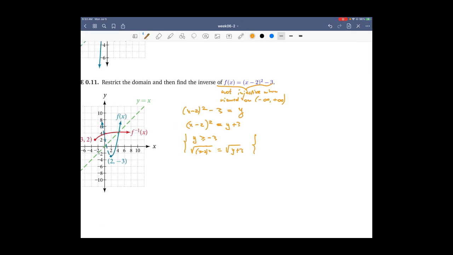But then you have a problem. You are taking the square root of a square, so there will be absolute value. Absolute value is the plus minus, depending on the sign. So you get that x minus 2 equals plus minus root y plus 3.